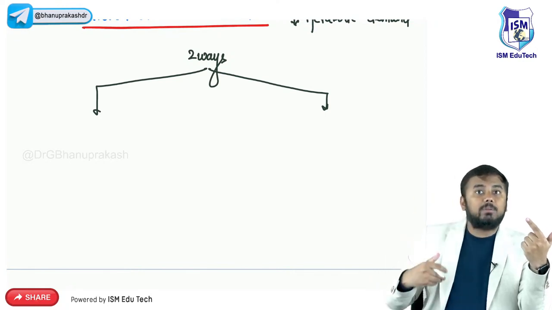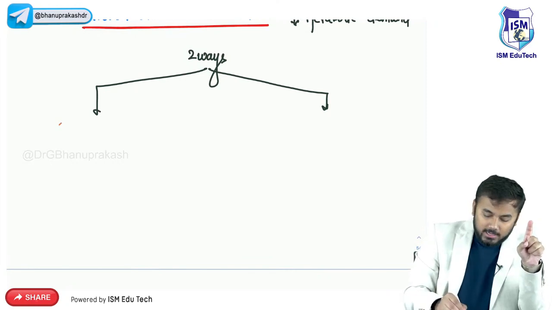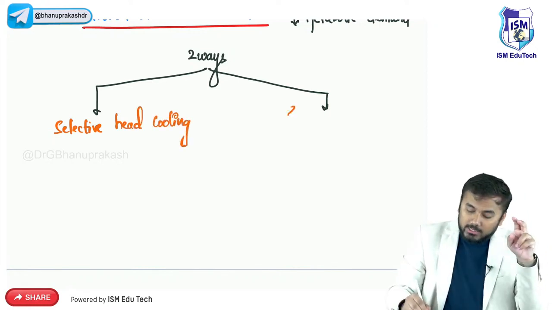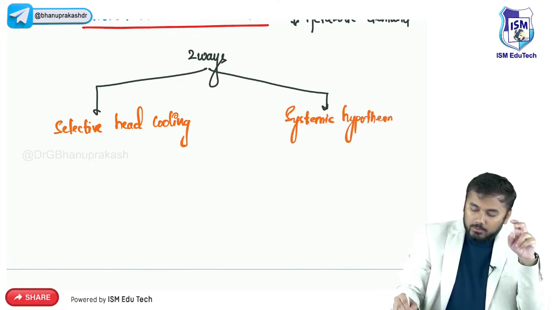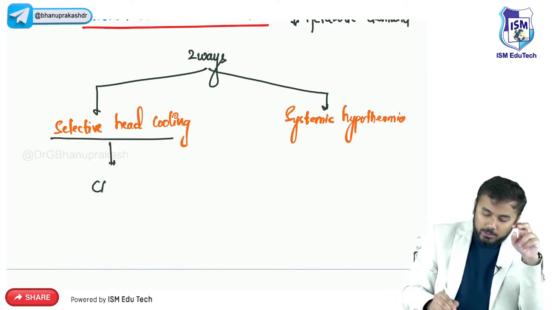This is called systemic hypothermia. So if you only cool the head, that is called selective head cooling. The second important thing is systemic hypothermia. So how do you do selective cooling? You will do selective cooling by using a cap.